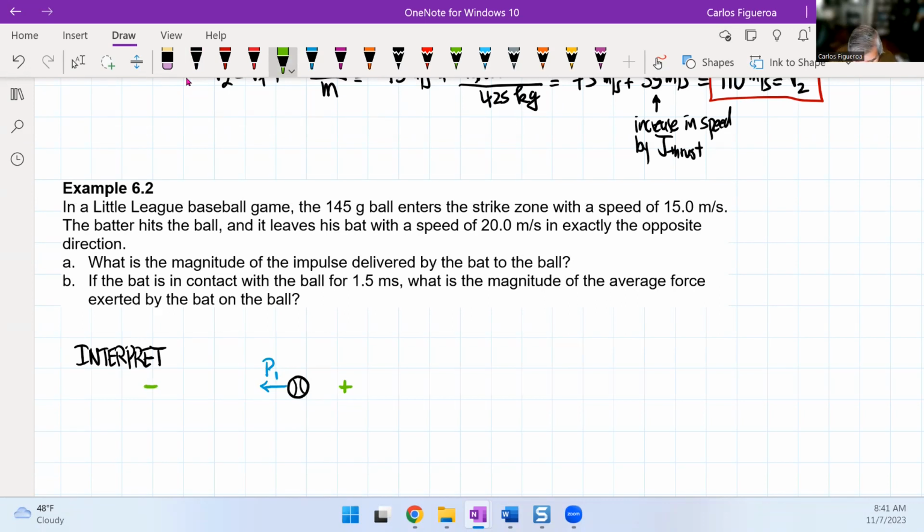Now, what about the bat? Is the bat moving? We don't care what the bat is doing. All we know is that there is a bat here, and we don't envision the world as the bat actually moving. What we see here is that the bat is stationary, and what the bat does is impart an impulse in the opposite direction.